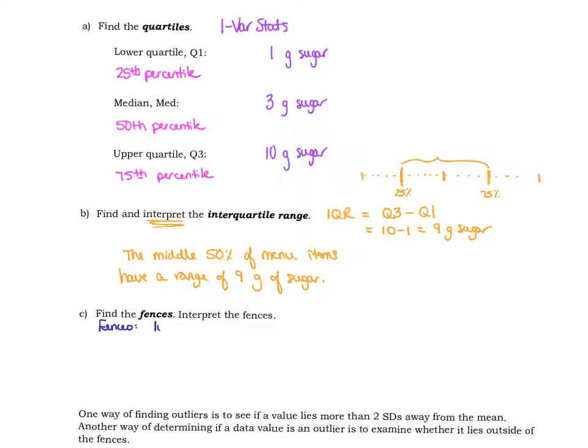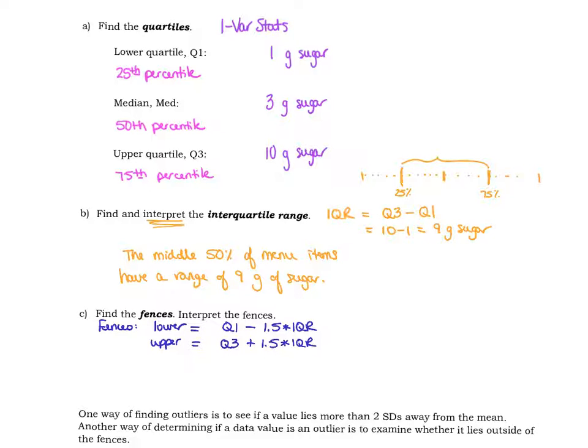We've got a lower fence and we've got an upper fence. The lower fence is found by taking the first quartile, Q1, and subtracting 1.5 times the interquartile range. And the upper fence is found by taking the upper quartile and adding 1.5 times the interquartile range.